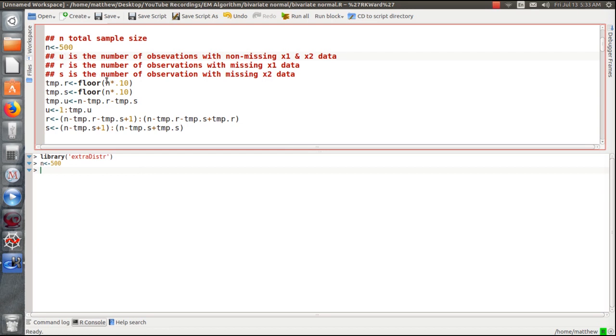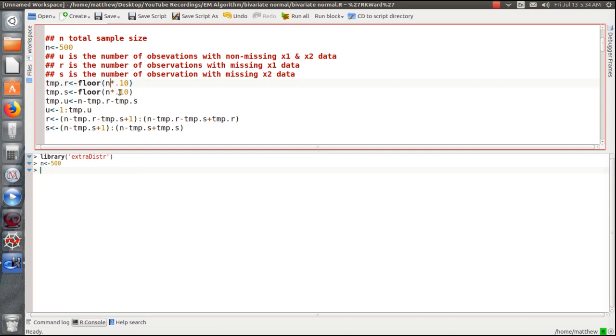R, let's just make it roughly 10%. I call it temp R because that's the number that we'll make missing. And then for R, we create a sequence so I can quickly extract those specific observations from the data matrix. And S is going to be the number missing in that third section.